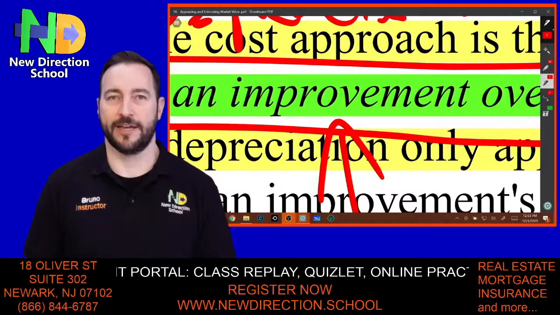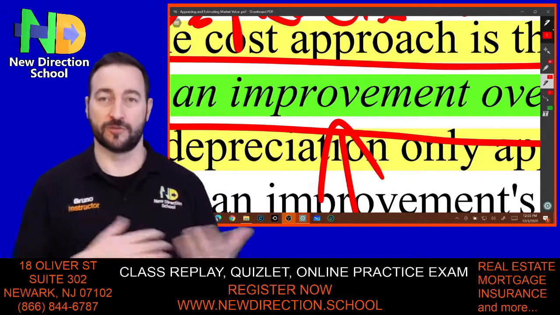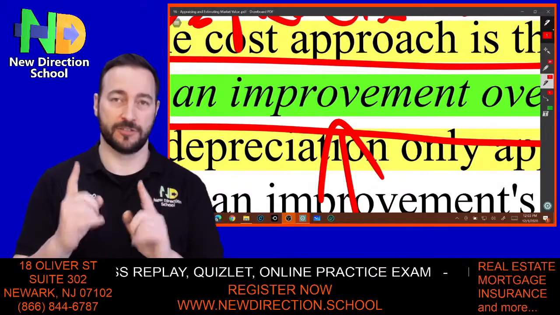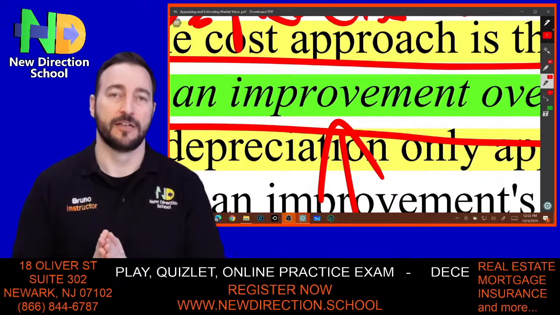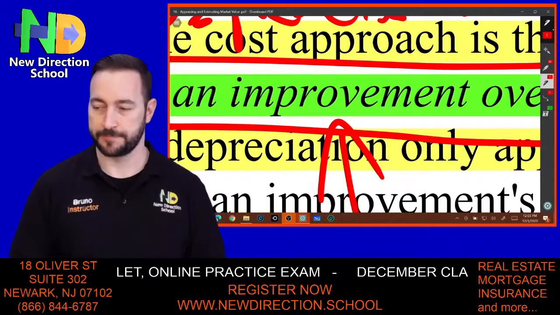Making something better. Okay, that's perfect. Got it, love it. But what's an improvement to real estate? So we already know it's making something better. That was a great answer. But to real estate, to land, what is an improvement?